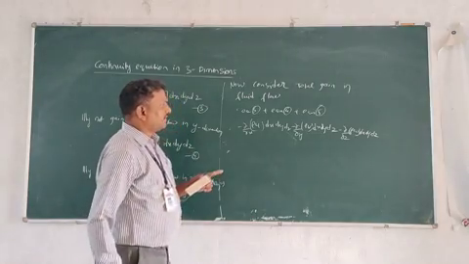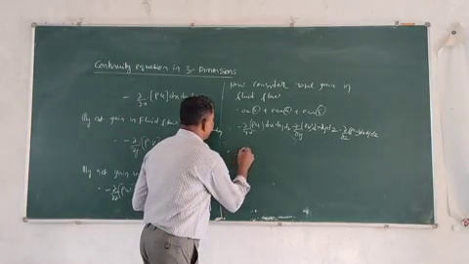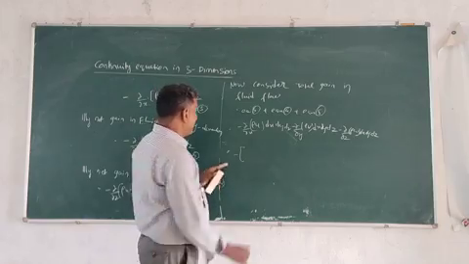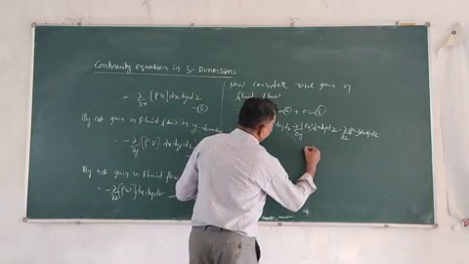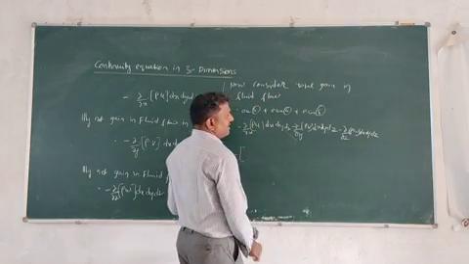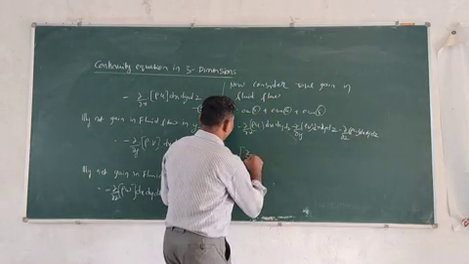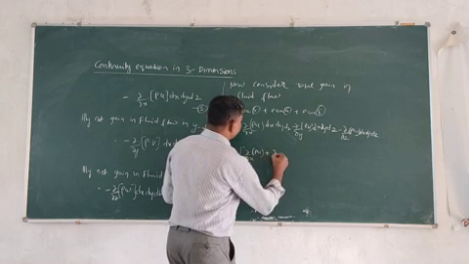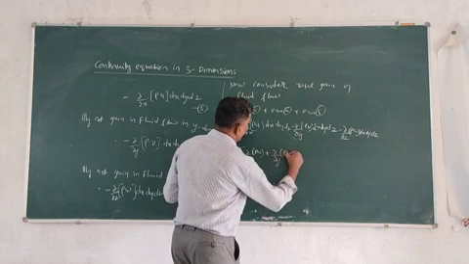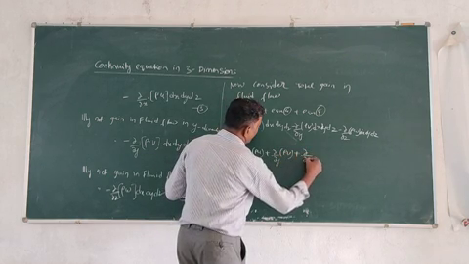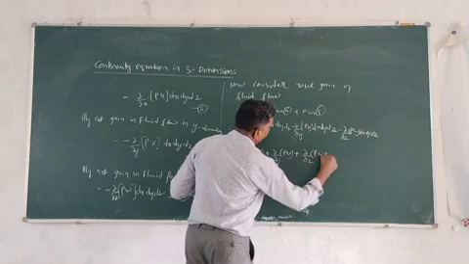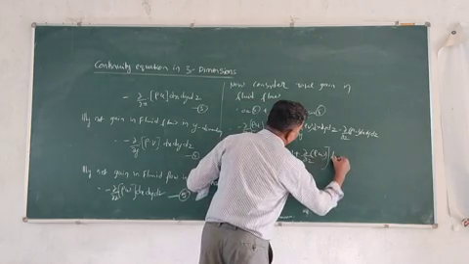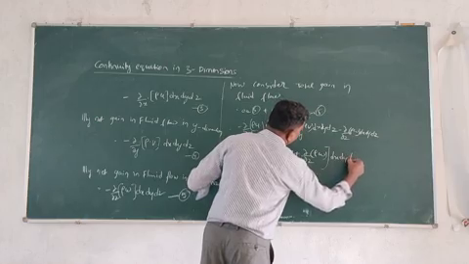So what are the common terms? Minus is the common term. Next, dx dy dz is also common. So we get minus [∂/∂x (ρu) plus ∂/∂y (ρv) plus ∂/∂z (ρw)] all into dx dy dz.